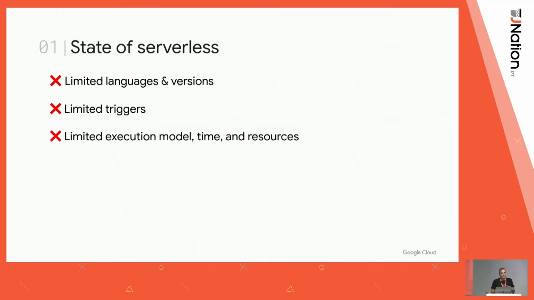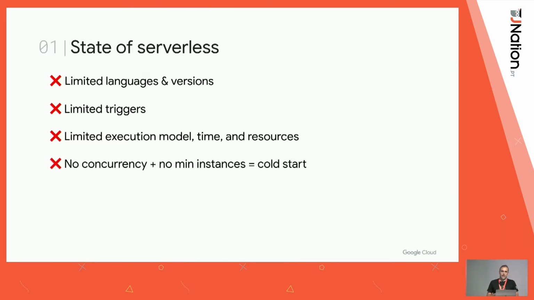We had a limited execution model, time and resources, so the function had to be small, it had to answer quickly, and it had limited memory and CPU. We had this cold start problem because of one-to-one concurrency. And I didn't mention this, but also there was not much local development, right? So if you wanted to build a function locally and test it out locally, there wasn't much support for that.